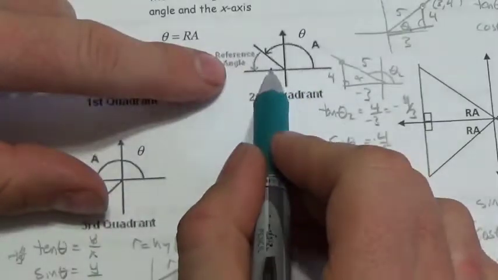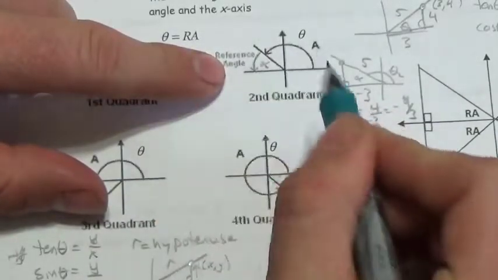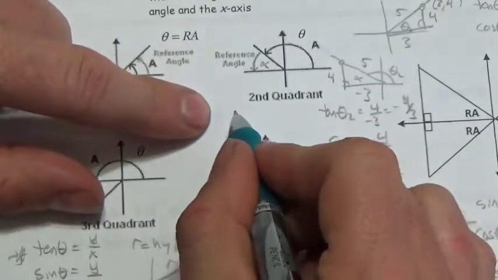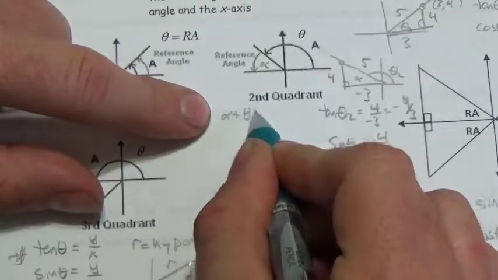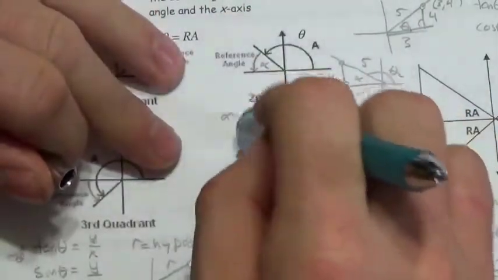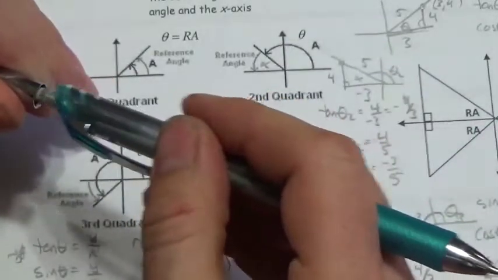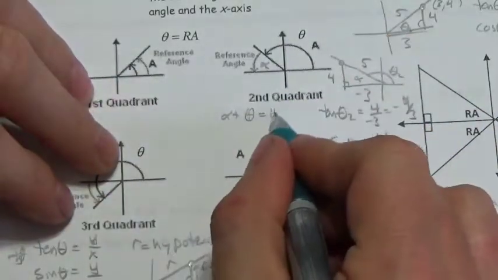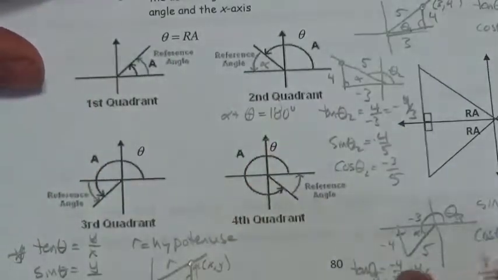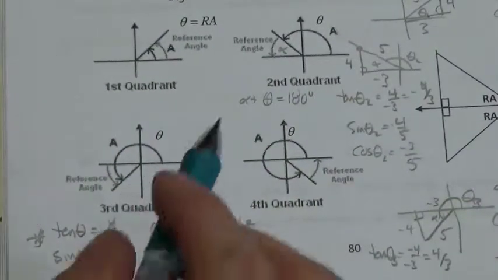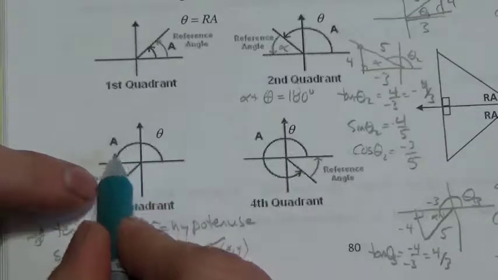If you're in quadrant 2, it's a different sort of thing. Here's your reference angle. In quadrant 2, the reference angle plus the rotation angle, theta, when you add them together, you get 180.